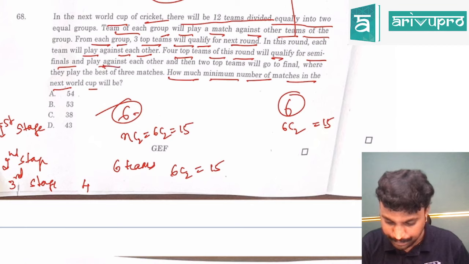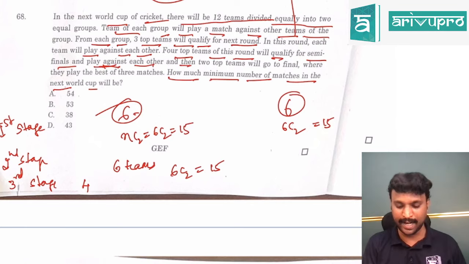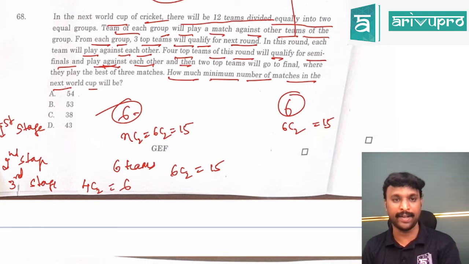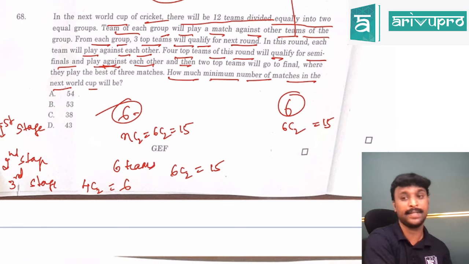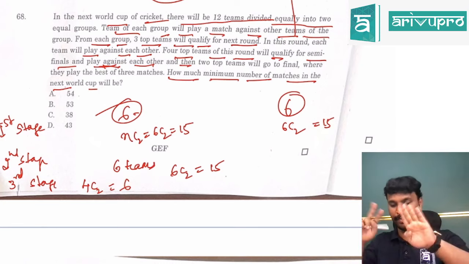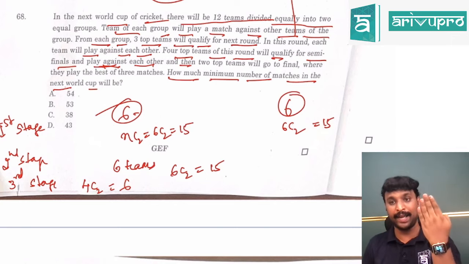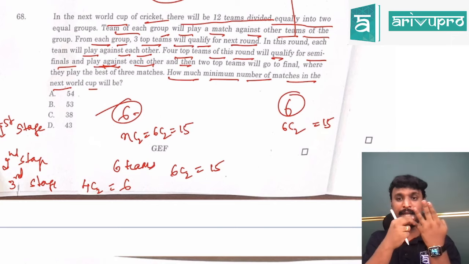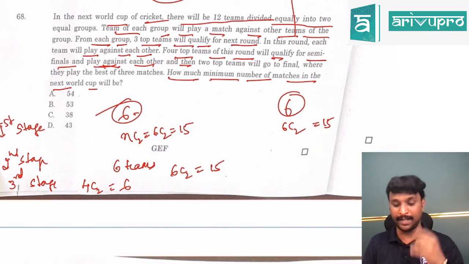Each team plays each other, again 4C2. 4C2 means how much? 6. So this is the semi-final stage. 6 matches are played, because this semi-final is not a normal semi-final. The 4 top teams from the second stage each play 1 match against all the other teams.